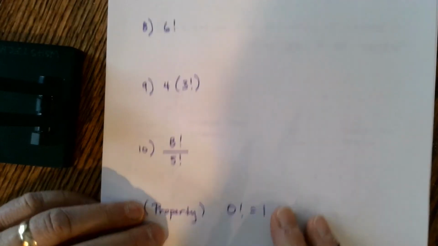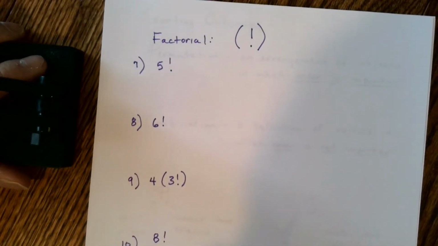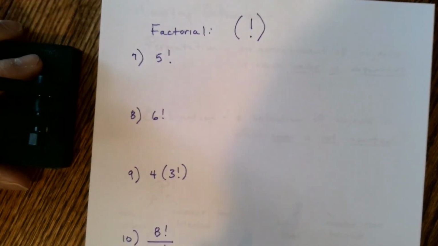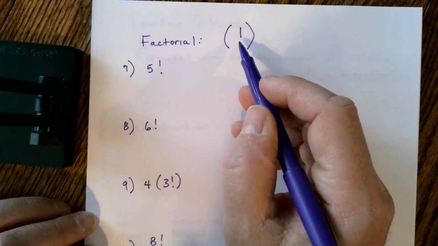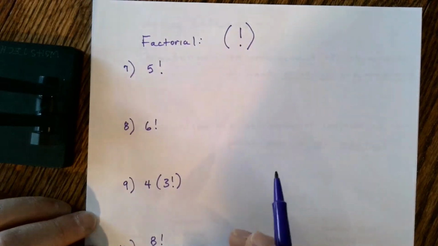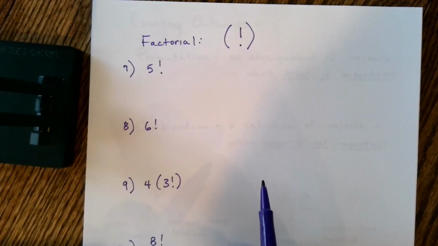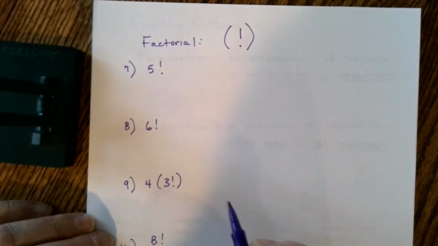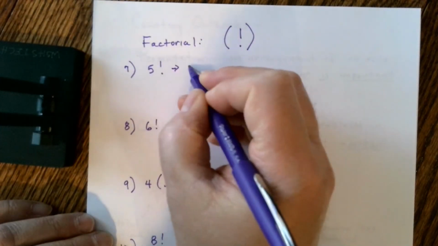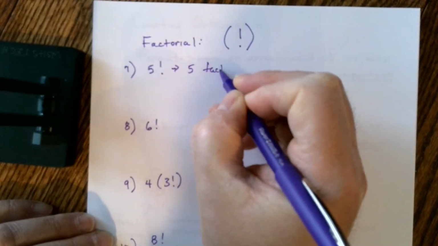Whenever you are multiplying in a descending order, you're basically just talking about a factorial. Now, believe it or not, that looks like an exclamation point, and your eyes are not deceiving you. That's exactly what it is. So when you see 5 with an exclamation point next to it, this means 5 factorial.